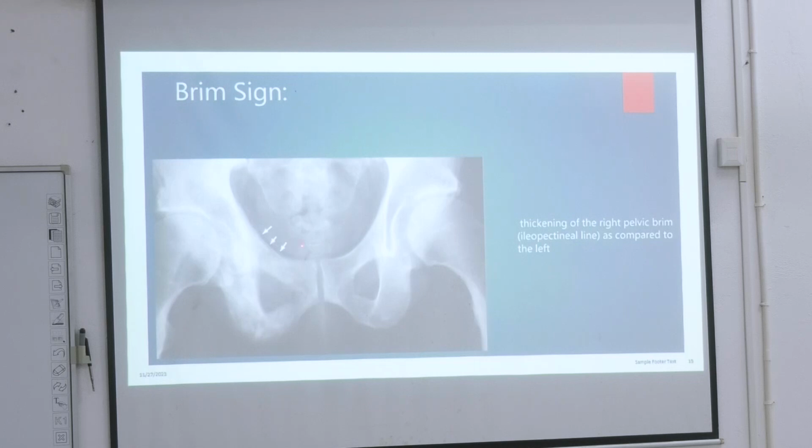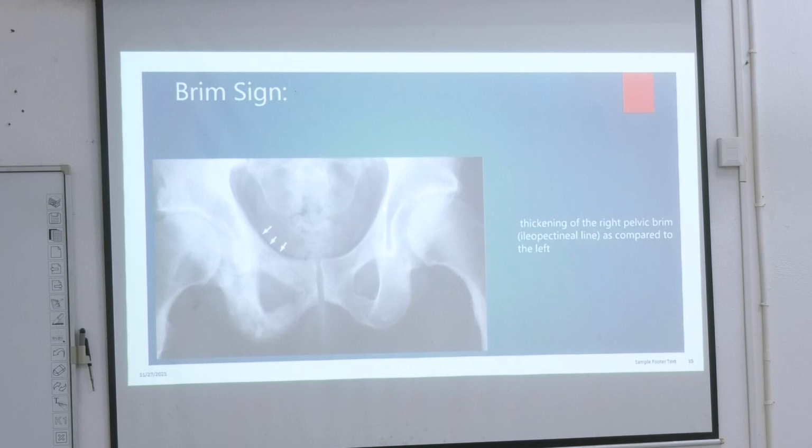You can see it, Looser zone. Brim sign. So this is a pelvic brim and there is thickening of the right pelvic brim or iliopectineal line as compared to the left. So thickening, and this more opacity in X-ray or in radiograph is attributed to which phase?